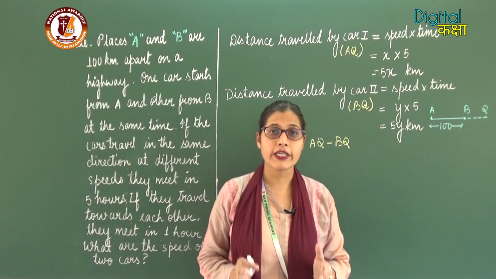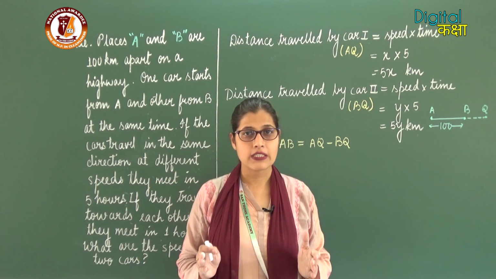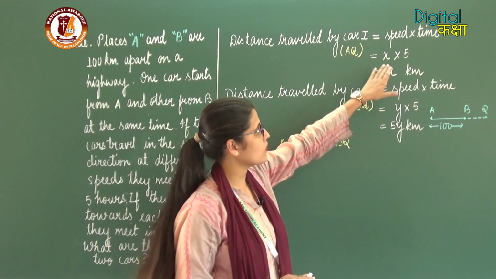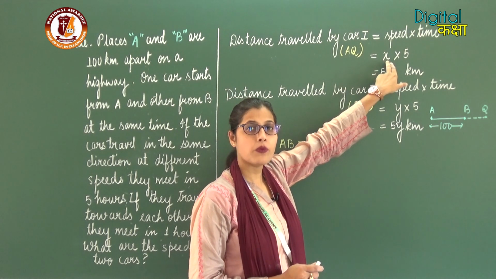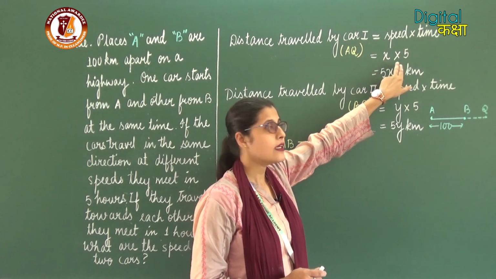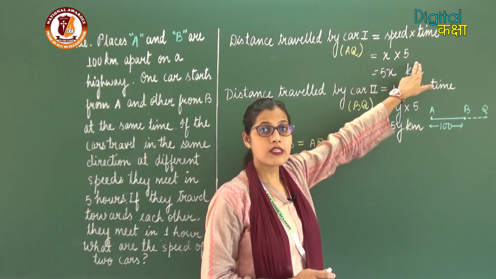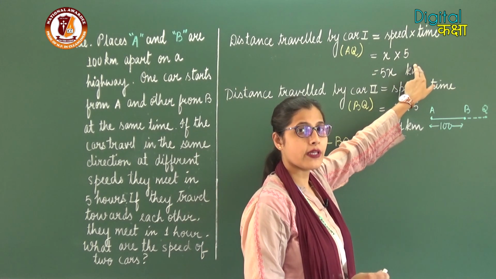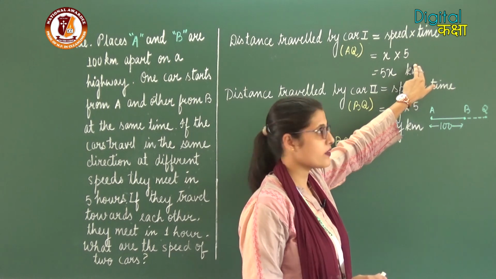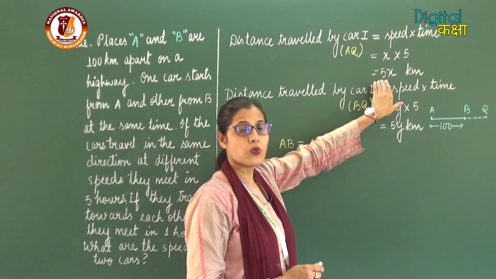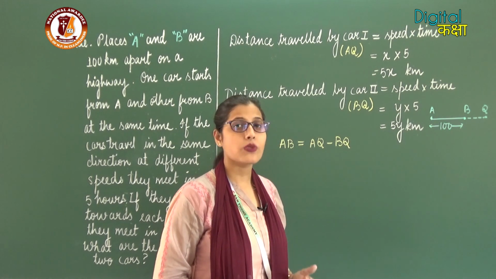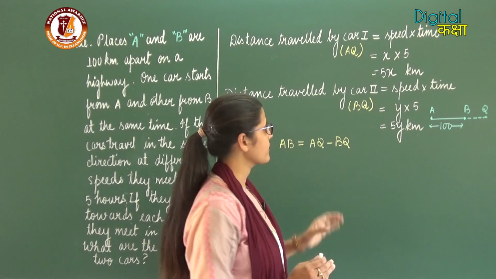We have assumed that the speed of car 1 is x km per hour. Therefore, in place of speed, we will be writing x multiplied by 5, since they are meeting after 5 hours. It will be equal to 5x, and as we are talking about distance, it will be in kilometers.